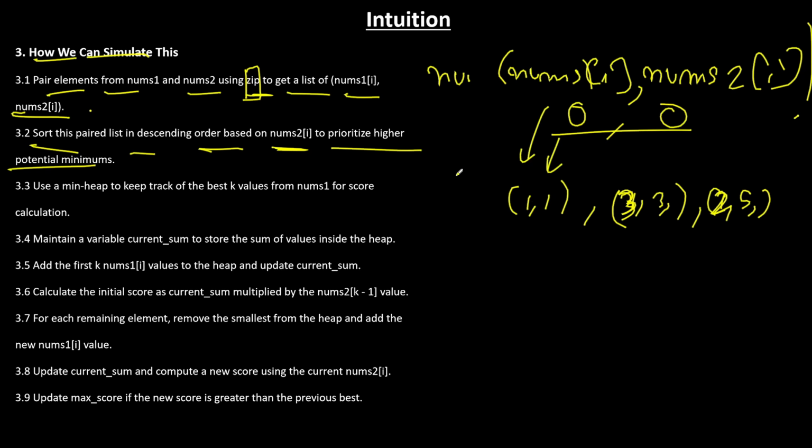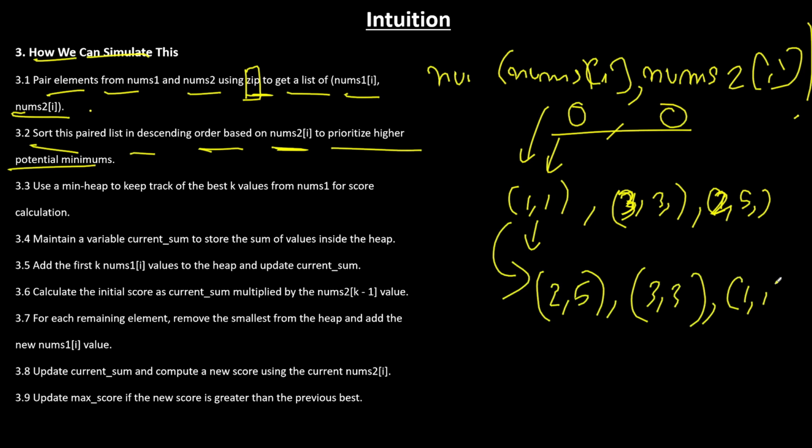When I sort this in a descending manner based on nums2 to prioritize the higher potential minimums, it becomes 2 comma 5, then 3 comma 3, then 1 comma 1. It's in descending order based on the nums2 value. Got it? This makes it easier to get adjacent values so that we could get the sum and multiply it. Then we use a min heap to track the best k values from nums1 for score calculation.